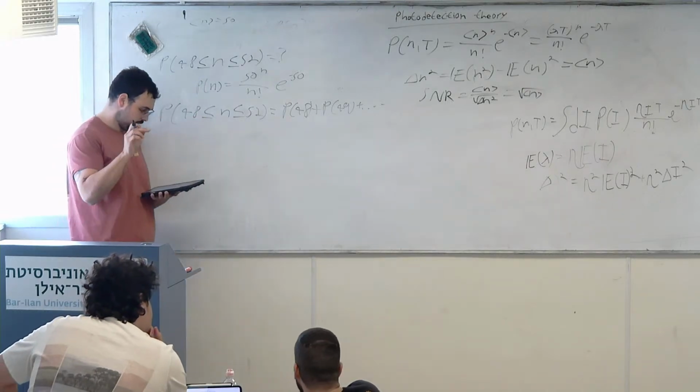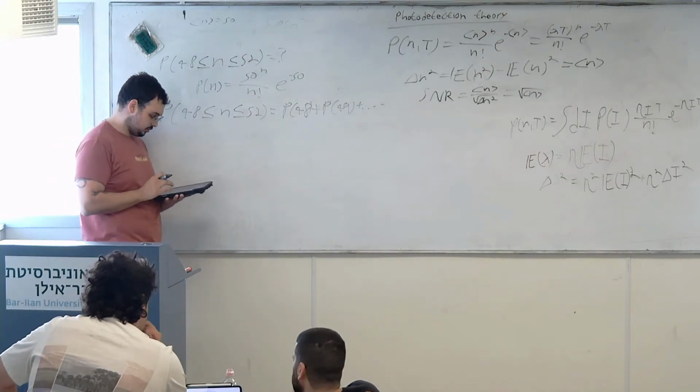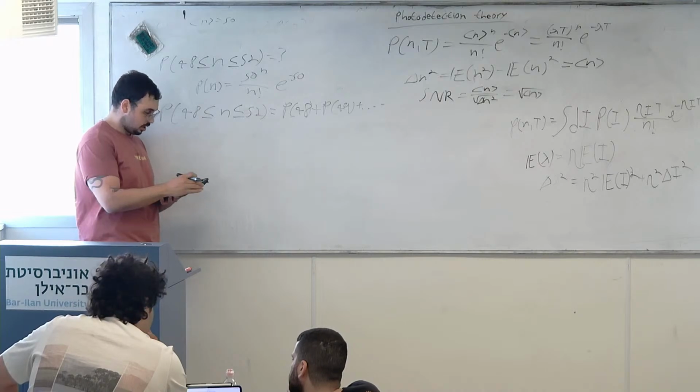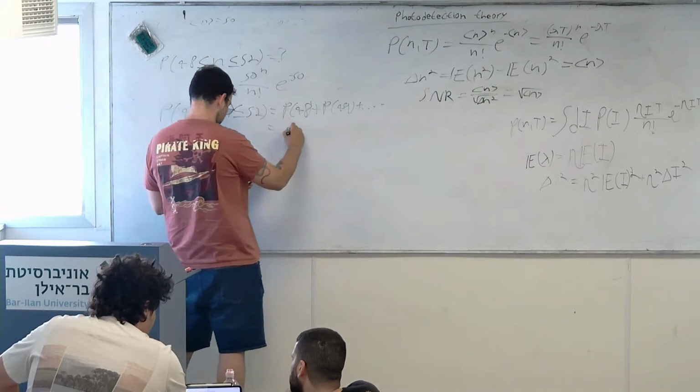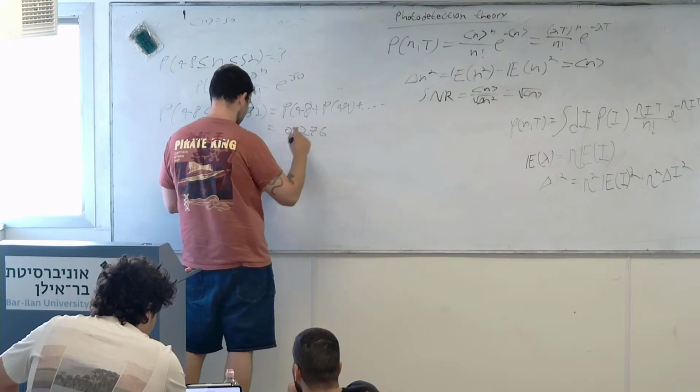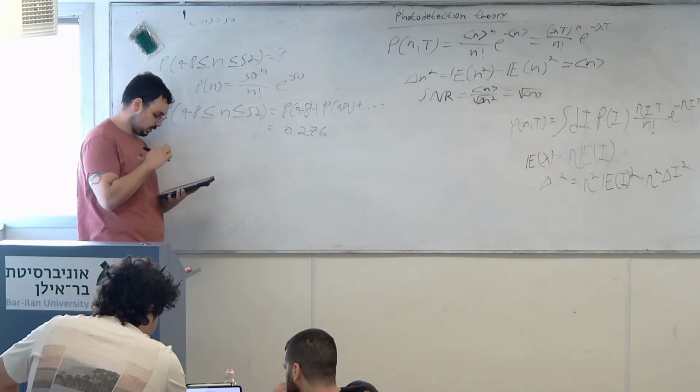You can see all the numbers in your notebook. Overall it will be 0.27. Very interesting.